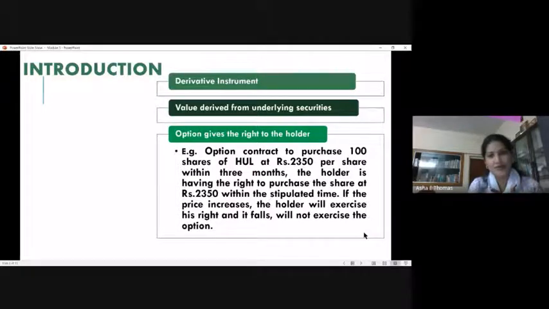Say if it is 2,450, automatically what happens here is you can buy the asset at 2,350 and sell immediately at 2,450, because that's the price trading in the market. You can make a profit of 100 rupees. That is what happens with respect to the call. That is, you can make profit out of that transaction, where the other party has promised to sell you 100 shares of HUL at 2,350.